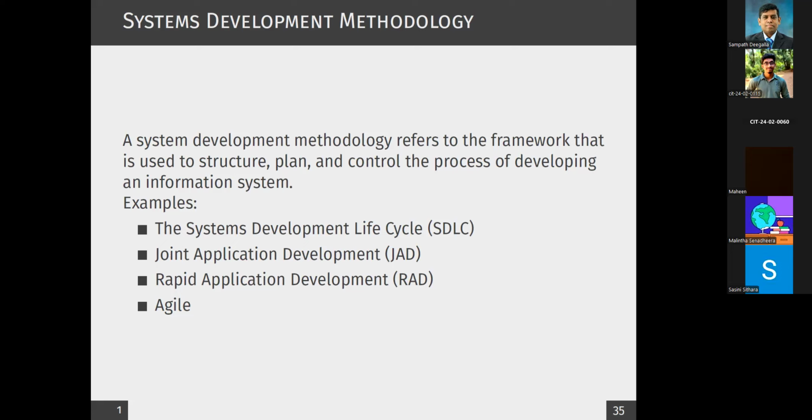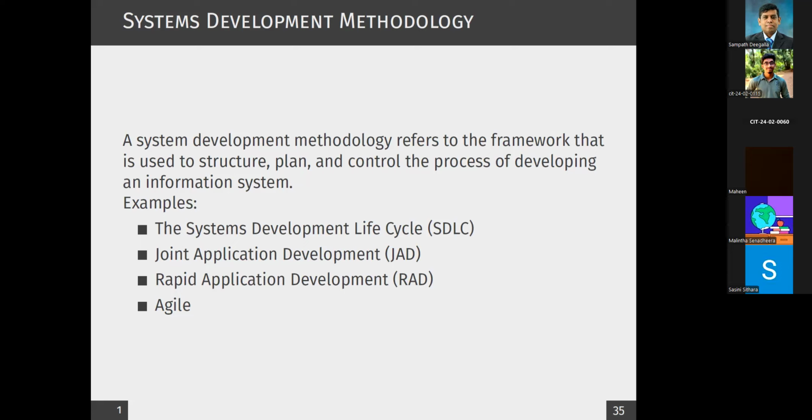We call it the system development life cycle, and we have different phases. There are other development techniques as well. We have listed some of them: joint application development, rapid application development, and also agile. If you look at what is happening in the industry right now, they mostly follow the last one, agile, to develop software systems.